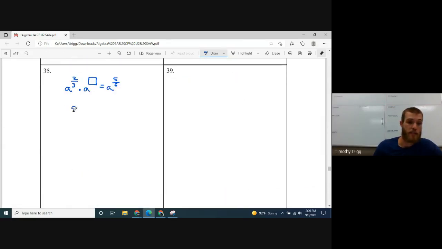So it'll be 5/6 minus 2/3, and that'll tell us what goes in that blank. Okay, so remember, when we're adding or subtracting fractions, we need a common denominator. So in this case, we're going to make it a denominator of 6.